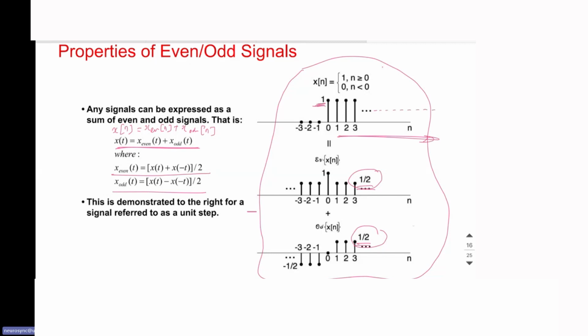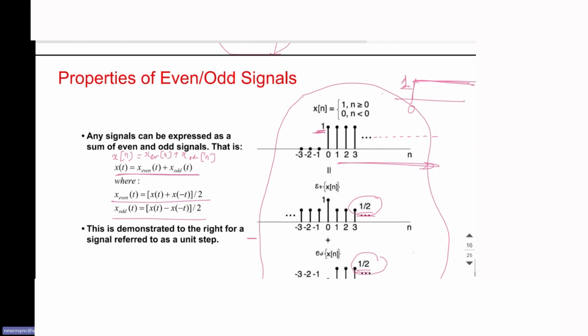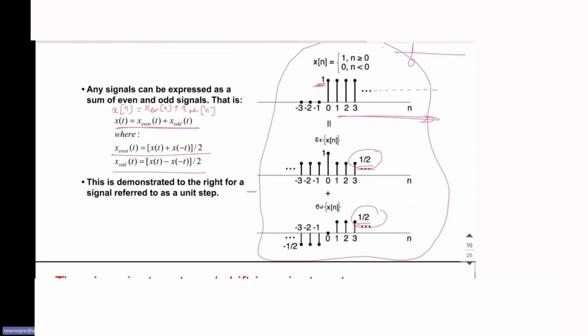So how do we represent the unit step signal? Like this: 0, and this is amplitude 1, and it goes on the positive side. This is the representation of the unit step signal, and we can decompose this in the even and odd form. This is just an example of this extraction, how we can get the even and odd signal.